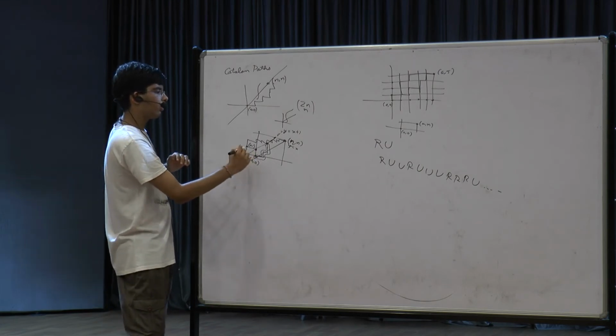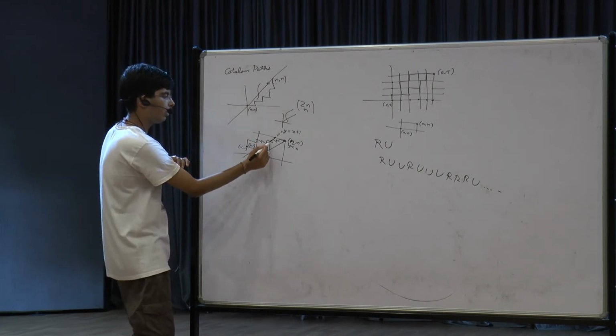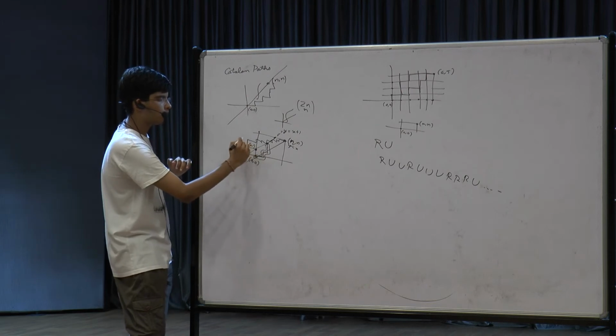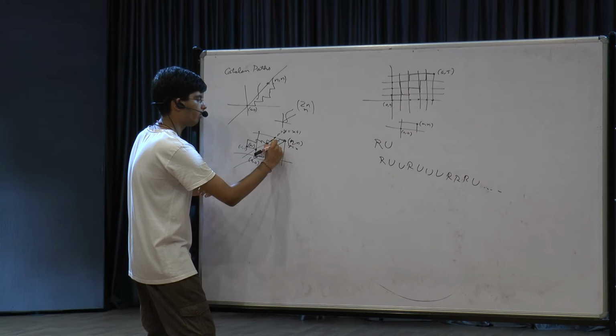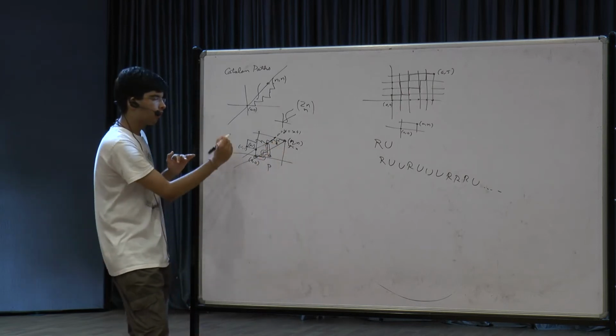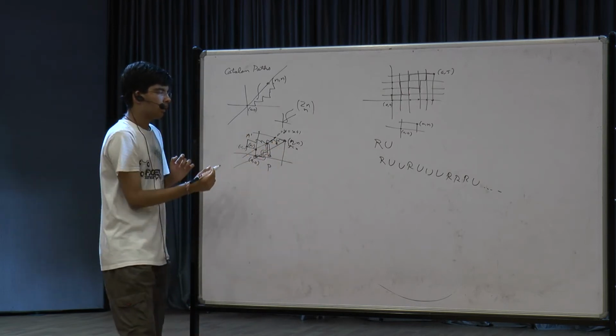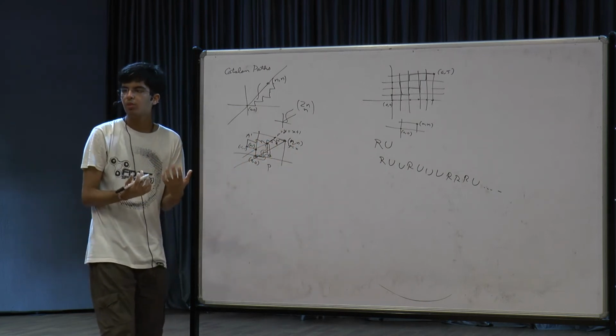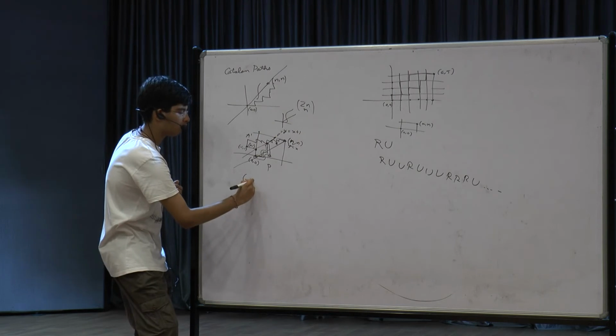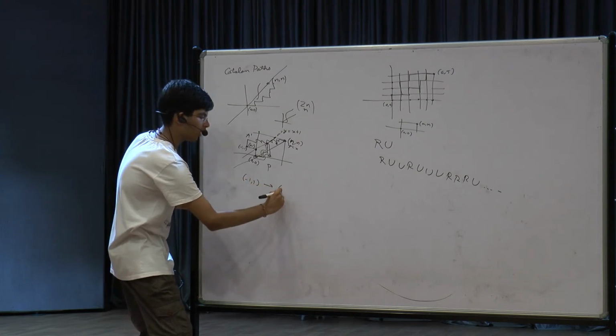And now this is a path from minus 1, 1. If you ignore the original path, call the original path P, this portion A, and the remaining portion B. So when we reflect A, we get A prime, and the path made by A prime and B in conjunction is some new path which starts from minus 1, 1 and goes to n, n.